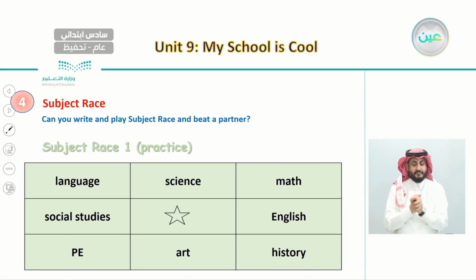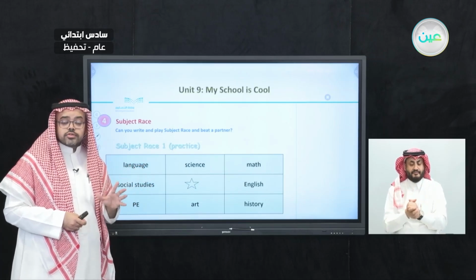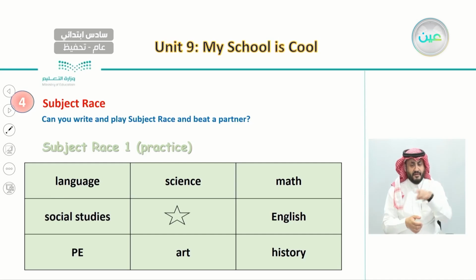What we should do here is listen to the teacher saying different sentences, and after this, all we have to do is circle the subject that the teacher said. So let's start, for example, by listening to the first sentence. The first sentence is, I like English.